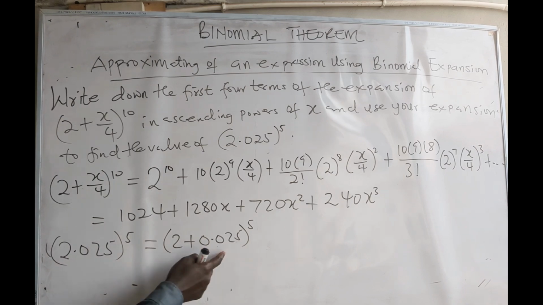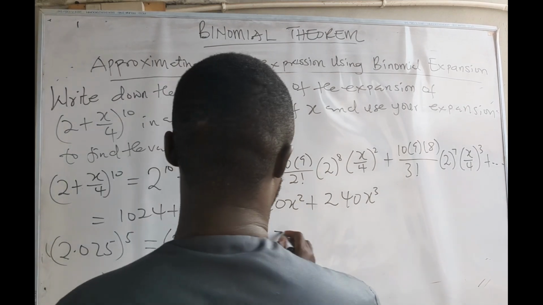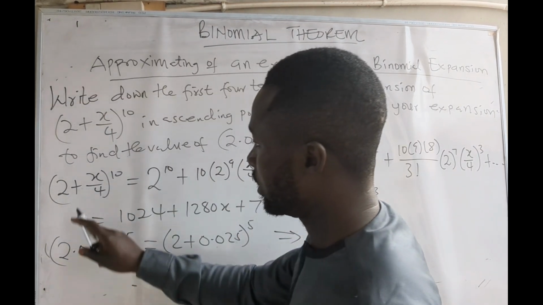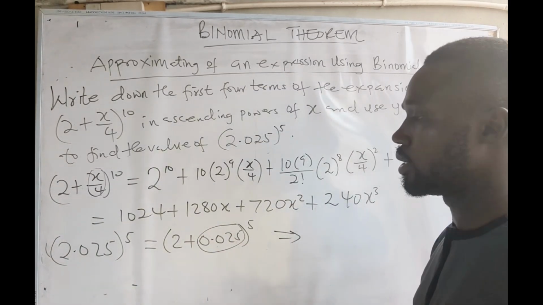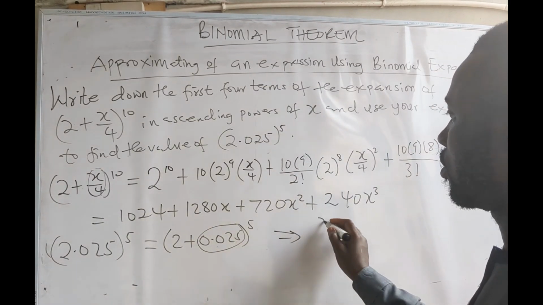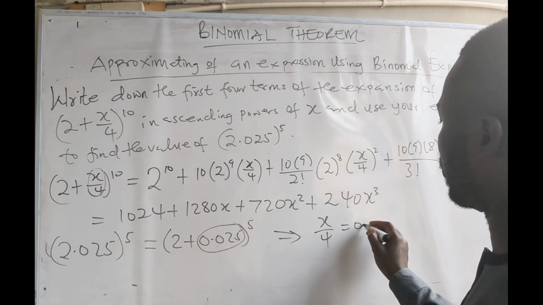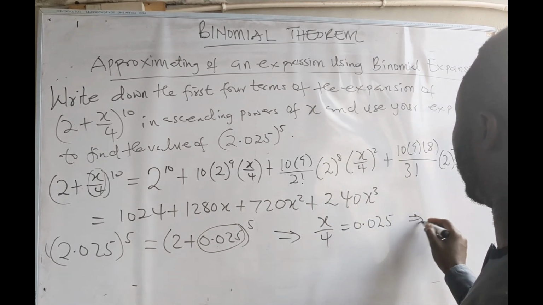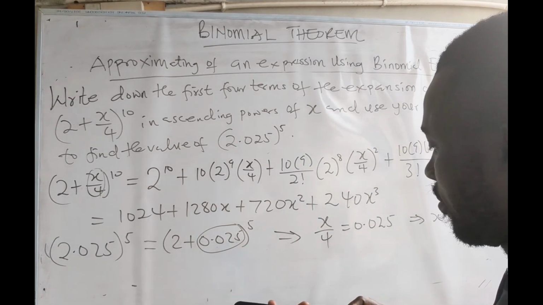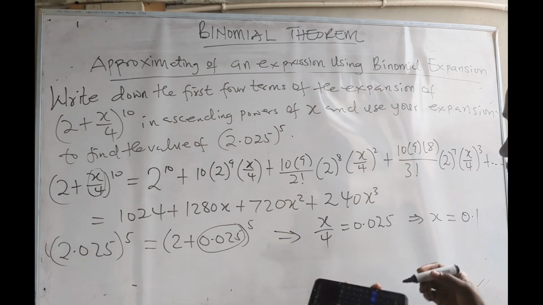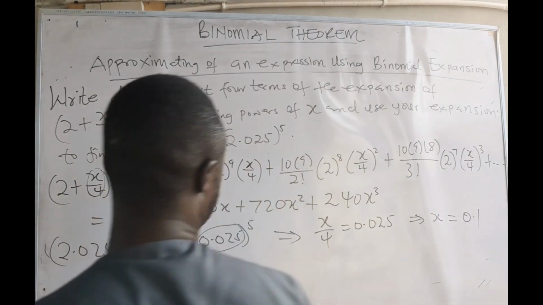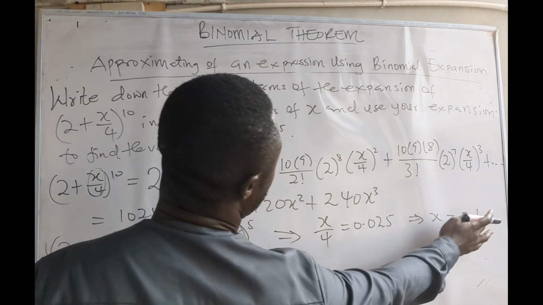So when you compare, 2 is here, it means that x over 4 is the same as 0.025. So my x over 4 is equal to 0.025, and my x will be 4 times 0.025. That will give me 0.1. It means that the value of x here is 0.1.